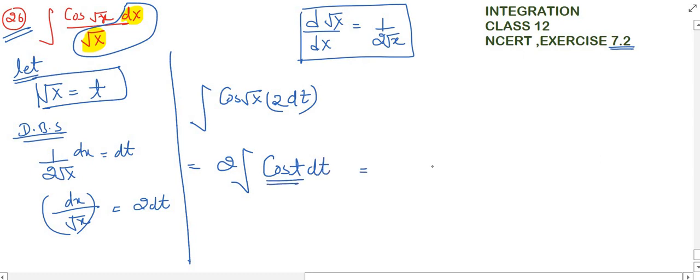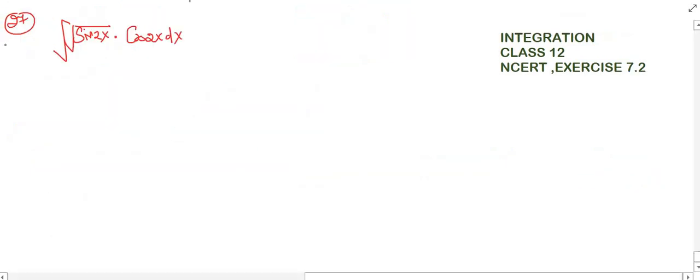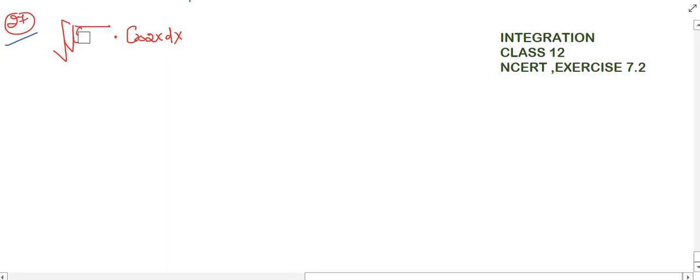Now cos t integration we all know. Integration of cos t is what? Sin t plus c, and we can write t as root x plus c. This is my answer.